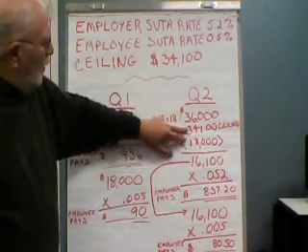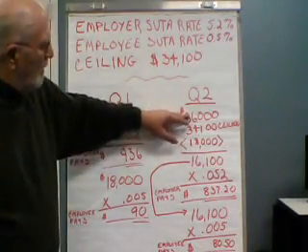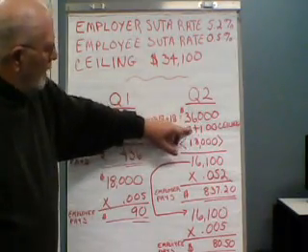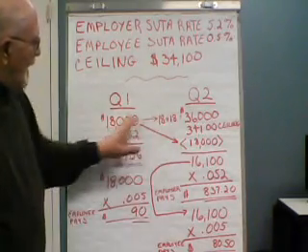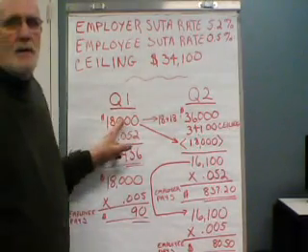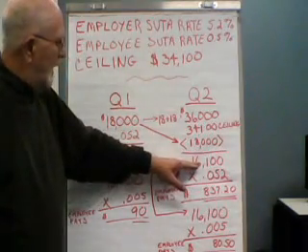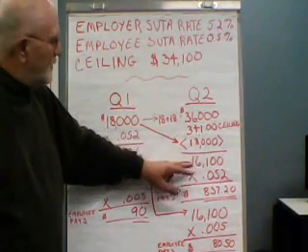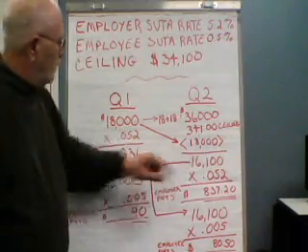Well, there's a $34,100 ceiling on that, so we can see that this amount is above the ceiling. So we take this ceiling, which is the $34,100, subtract out the $18,000 that we have already paid SUTA taxes on, and we get a taxable income for SUTA purposes of $16,100 for the employer.